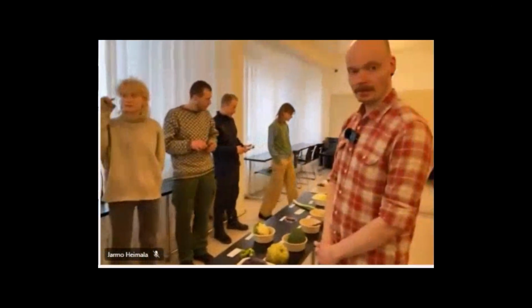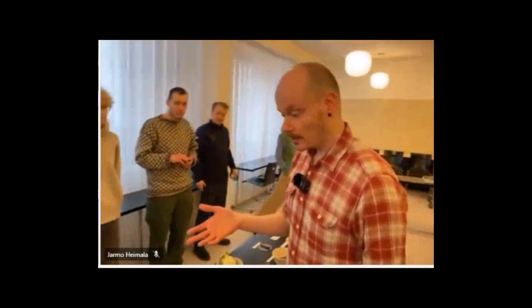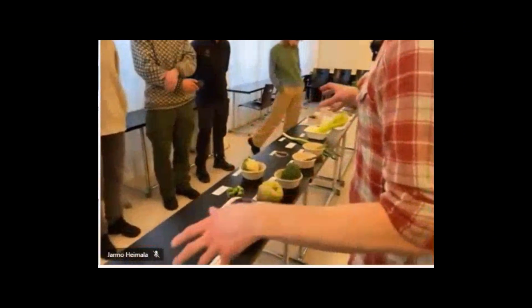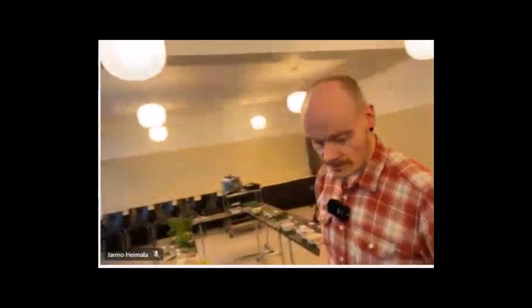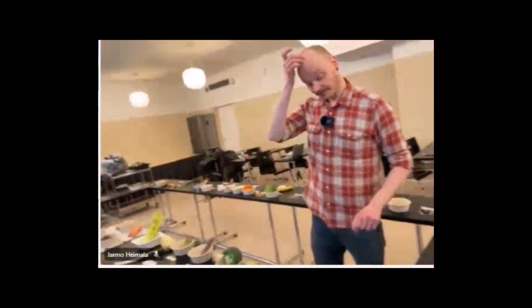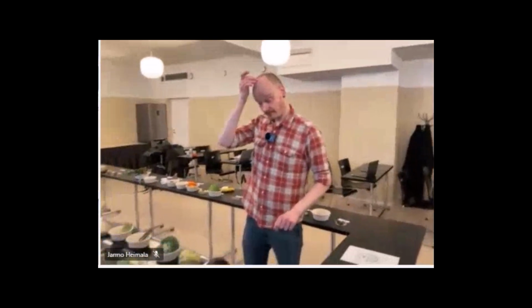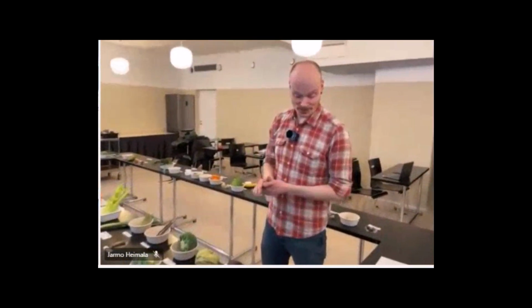Okay, so I have divided these plants into different sort of groups, and the main thing is to make you look at these things from a botanical point of view.